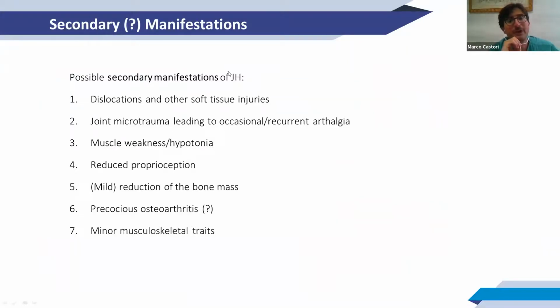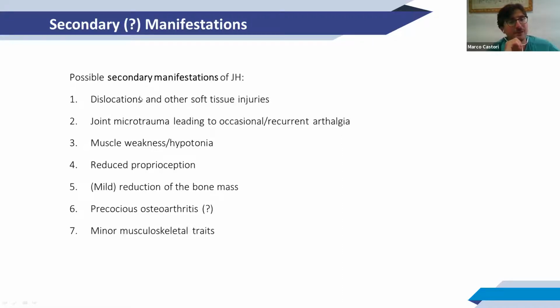Joint hypermobility may be clinically relevant, first of all, because it associates with a series of apparently secondary manifestations. First of all, joint hypermobility may predispose via joint instability to dislocations and predisposition to soft tissue injuries.